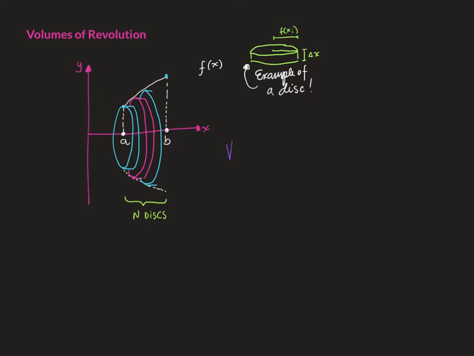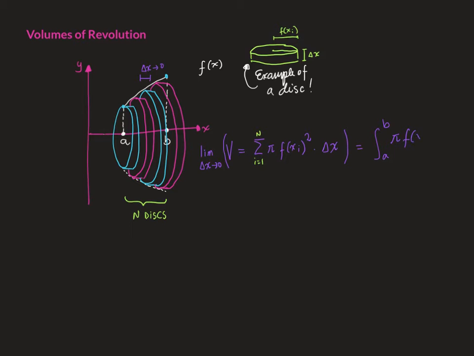And the more cylinders that we take, the more accurate our volume is going to be. So after adding all of the volumes of the small cylinders or the small disks, we are going to take the limit when we have a very, very thin, infinitely thin cylinder, and that should give us the volume of the function as an integral.